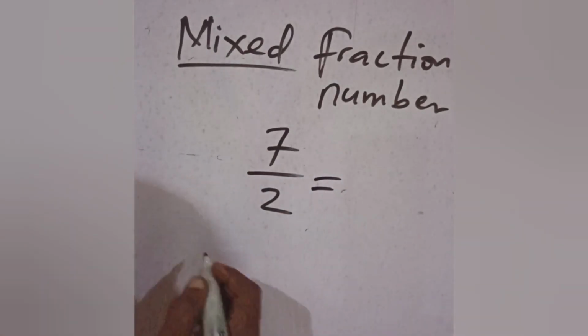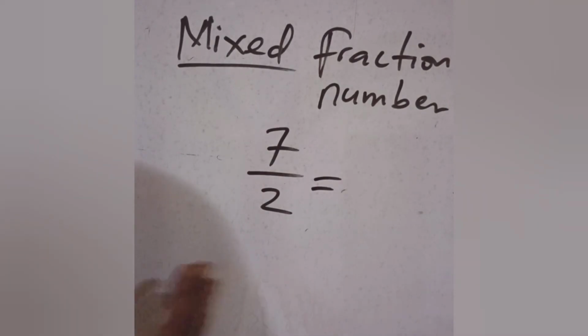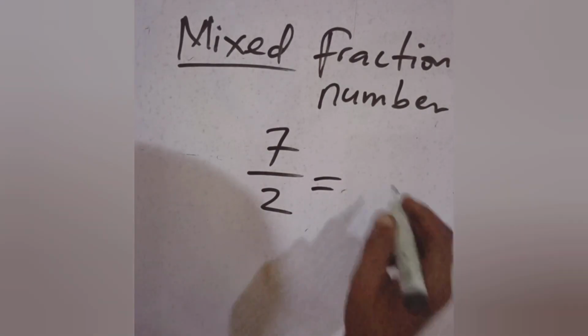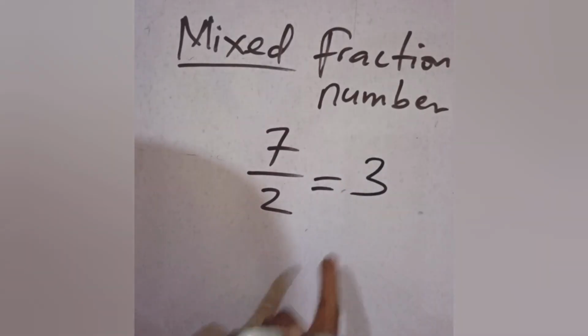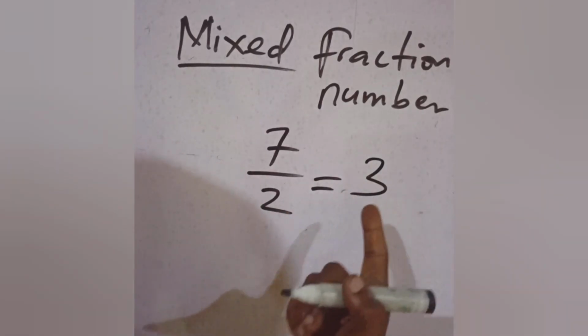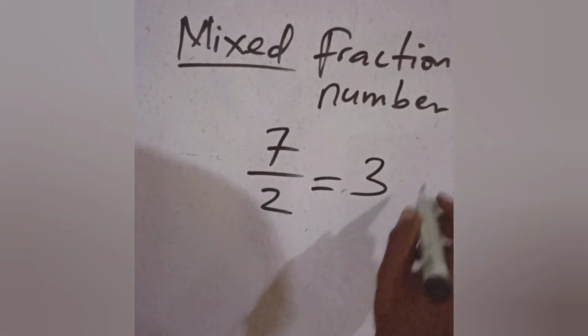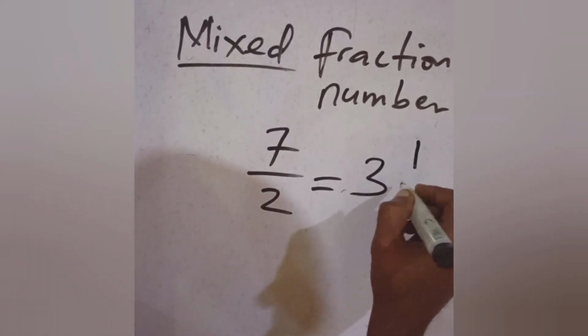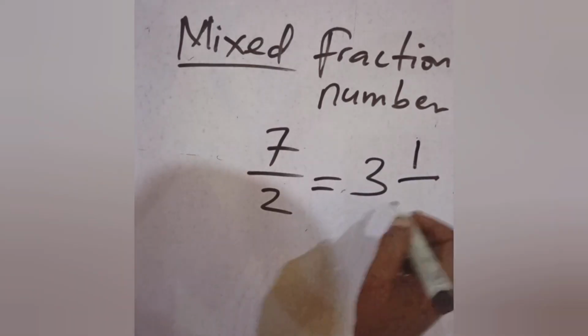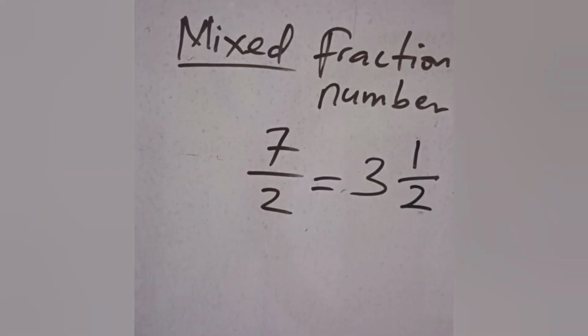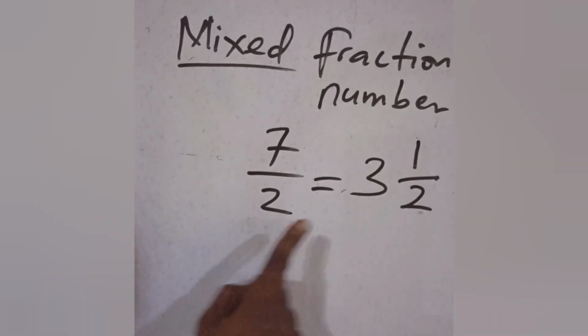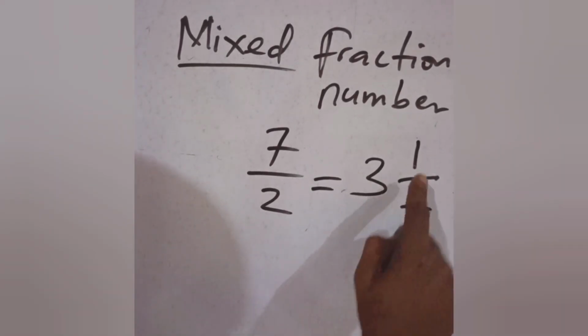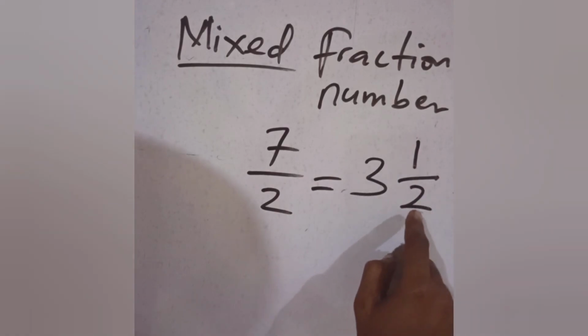If you have 7, break it down into 2 groups. You're going to have 3, 2 times 3 is 6, and 1 will remain over 2. So 7/2 is equal to 3 whole numbers and 1/2.